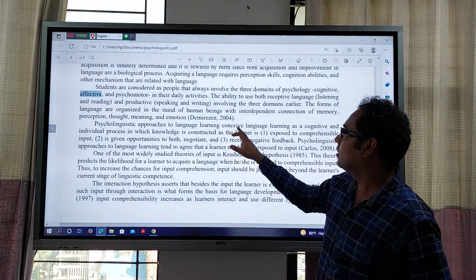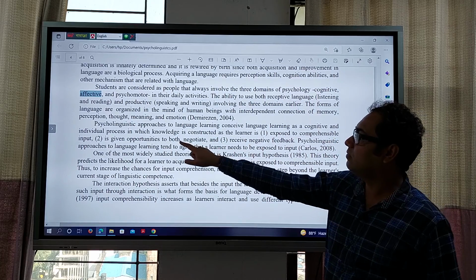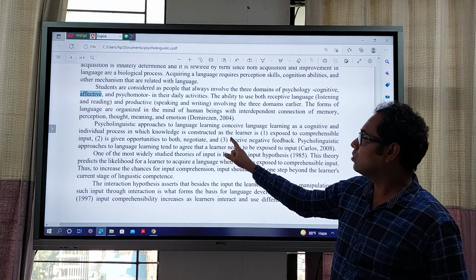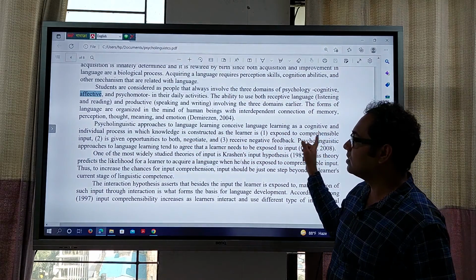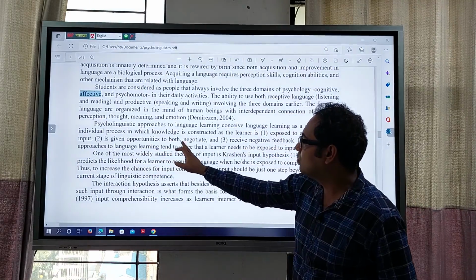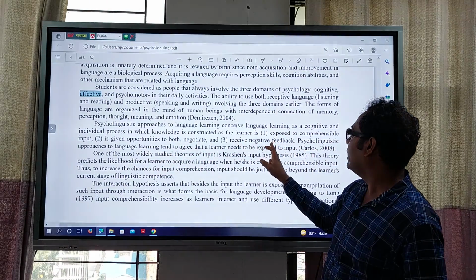Psycholinguistic approaches to learning conceive learning as a cognitive and individual process in which knowledge is constructed as the learner is exposed to comprehensible input, and is given opportunities to both negotiate and receive negative feedback.